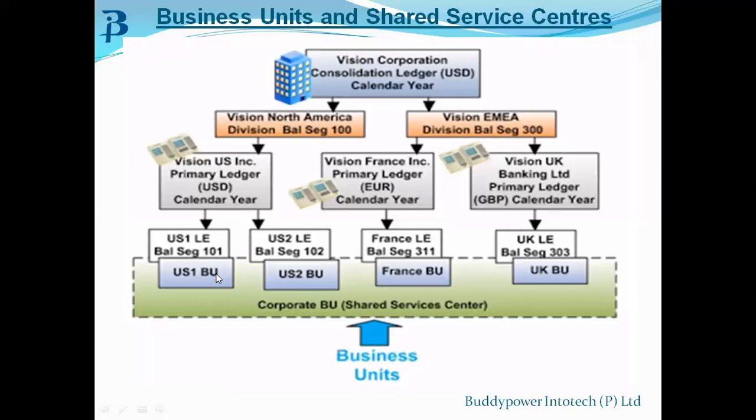So this shared service strategy has a lot of advantages, such as discounts on purchase and payments, and also overall simplification of the process. Let me get into the legal entity once again.